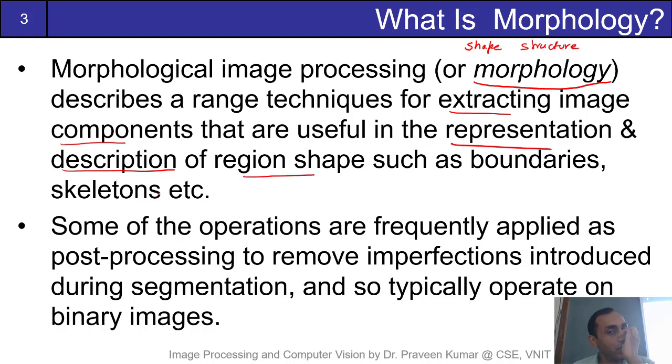What it basically means is, we'll have a 2D binary image with different object shapes. There may be a binary image with different object regions.